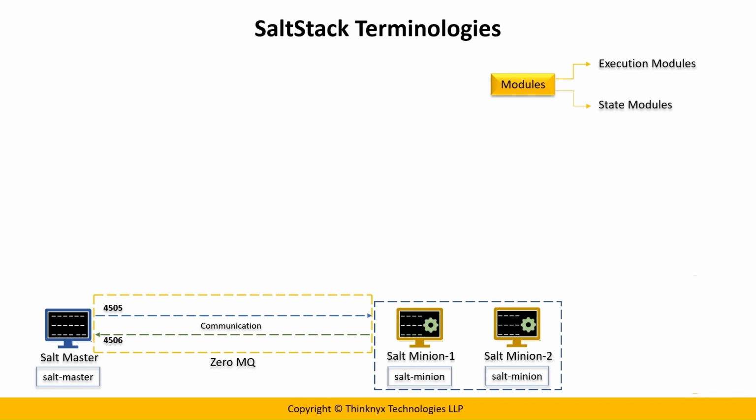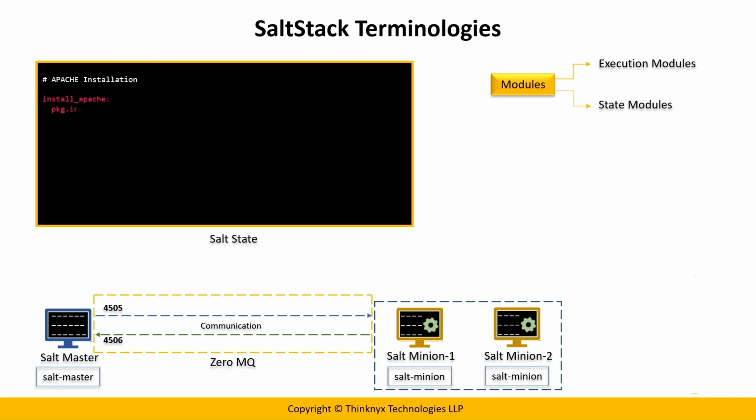Execution modules are used to perform ad hoc tasks from the command line against one or more minions. State modules in SaltStack provide instructions for configuring servers, ensuring consistency and automation. State files use state modules to define and enforce desired configurations for servers and infrastructure.